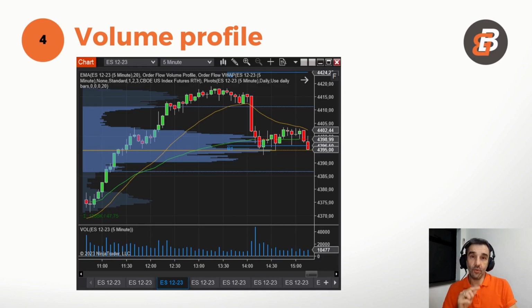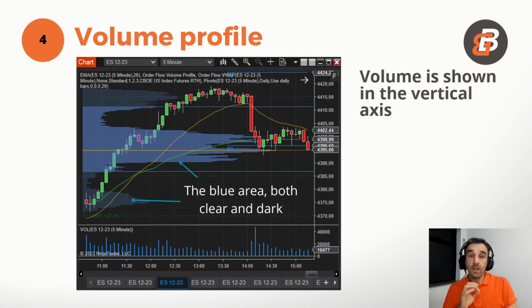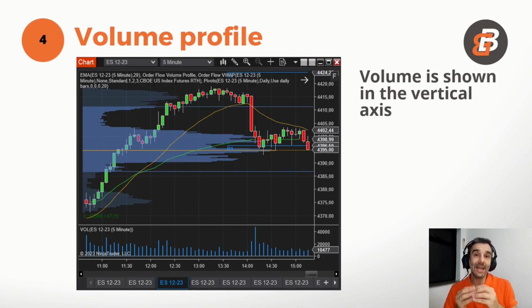The other one I really like is the volume profile. The volume profile is shown on the vertical axis, and for me the volume itself, the figure, the number, doesn't matter. What I really want to see is the profile it forms, okay? You can see where the liquidity is, where the big players are trading.